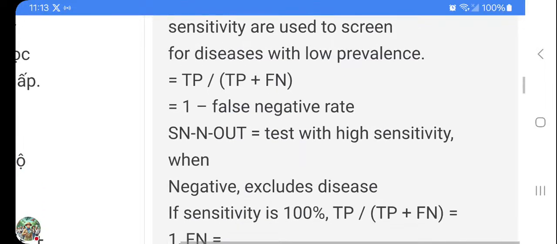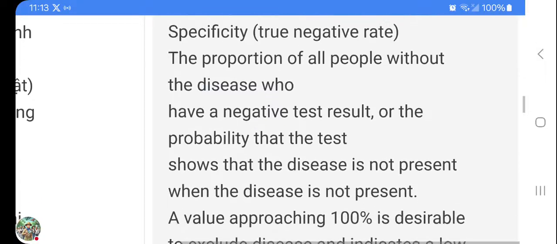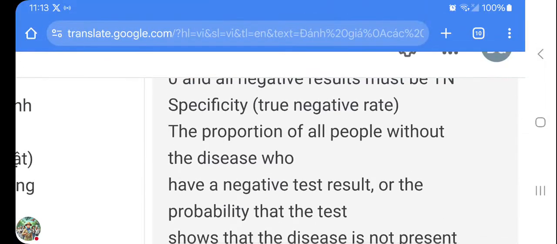Now, talk about specificity. Specificity is for the second column. That stands for the true negative rate, right? So if the true negative rate equals the true negative over true negative plus false positive, that is square number 4 plus square number 2.